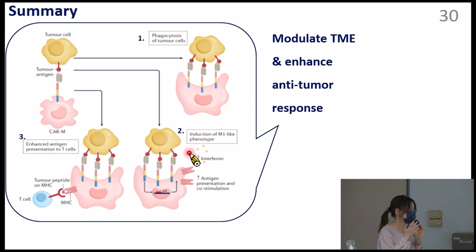Not only does this macrophage itself express the M1 feature, but it also can influence the whole tumor microenvironment immune system to become a pro-inflammatory state. And the third is this kind of macrophage can enhance T-cell cytotoxicity ability. So all of these functions can help to modulate the tumor microenvironment and enhance the anti-tumor response.